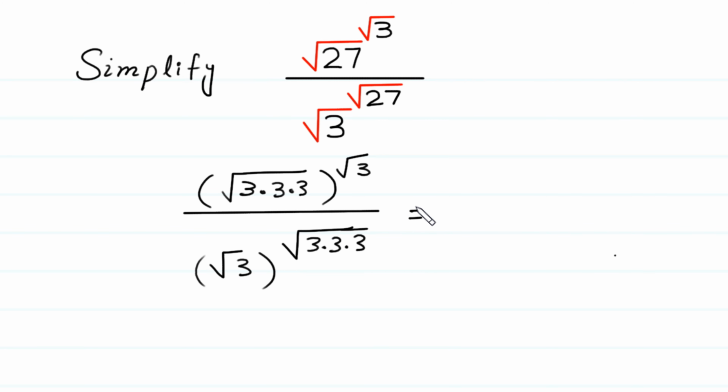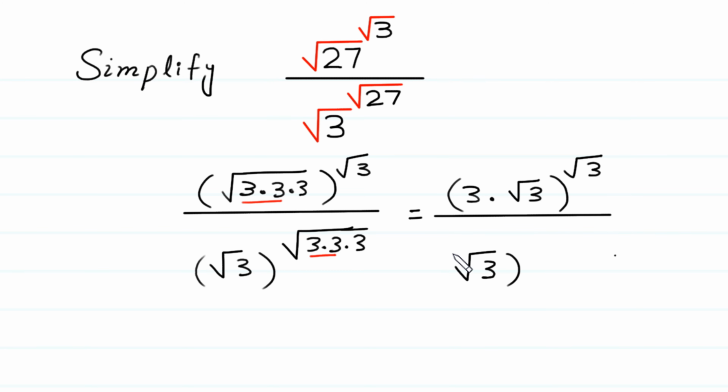Next, we have this pair 3 times 3 and we have this pair 3 times 3. This 3 times 3 is same as square of 3. So the square of this 3 will be cancelled with the square root and this 3 comes out of the square root, like this, 3 times, and this 3 remains under square root of 3 to the whole power, this power square root of 3, divided by square root of 3 to the power.